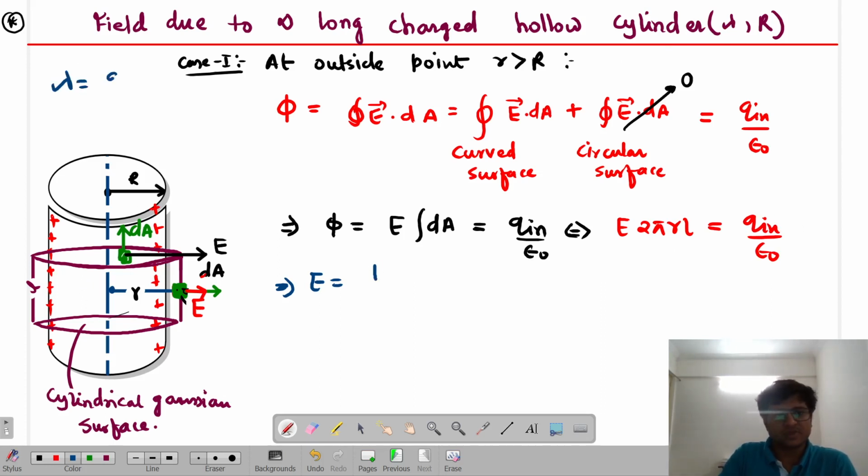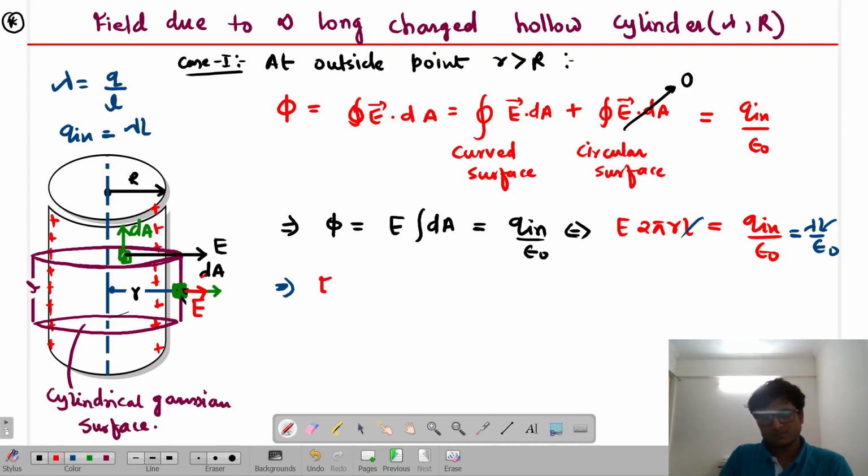Lambda is charge by length, so in this Gaussian surface the charge enclosed is lambda into length L. I'll put it equal to lambda into L by epsilon naught. So L got cancelled, and ultimately I got my value of electric field at an exterior point, that is lambda by 2 pi epsilon naught r.